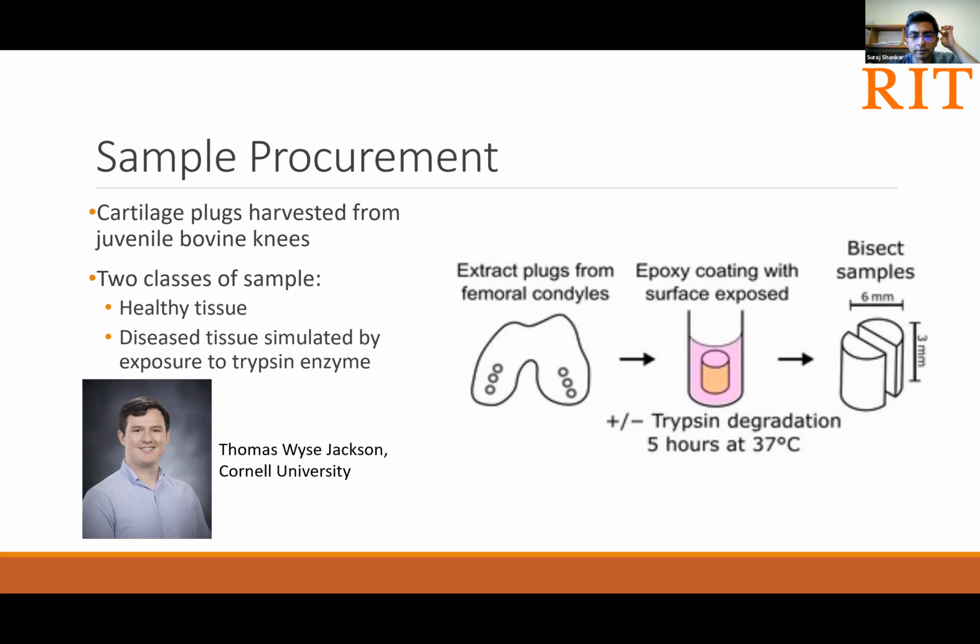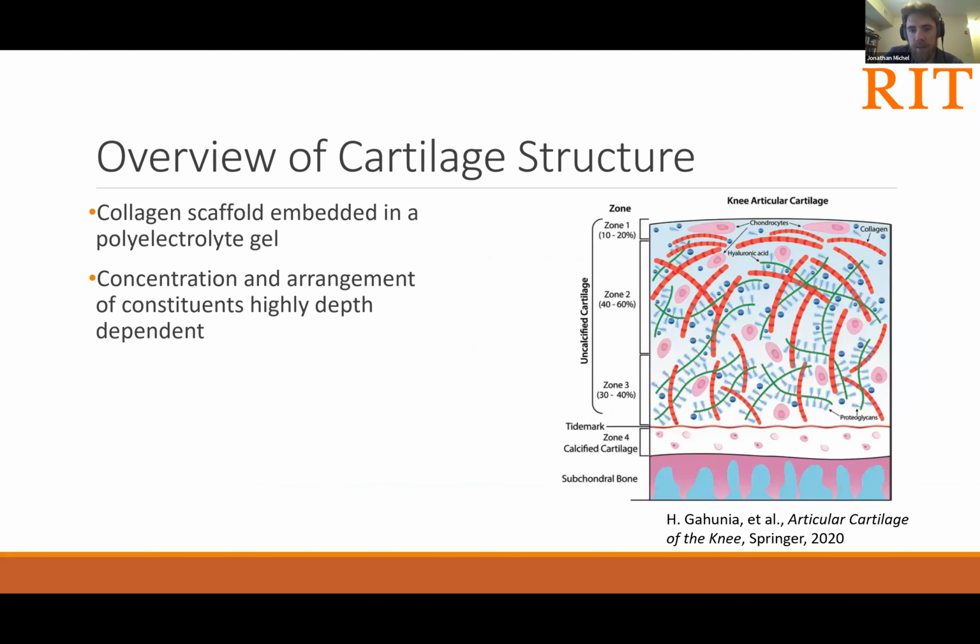Jonathan, sorry, one more minor interruption. Sonia had a question in the chat about a figure on your previous slide. What are the percentages referred to in the figure from Gahunia? Okay, let's see. Are the percentages the percentage of collagen in each layer?